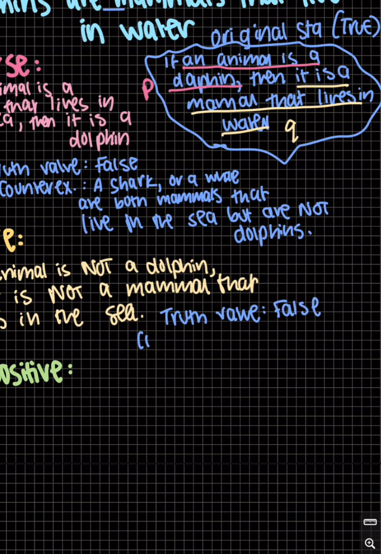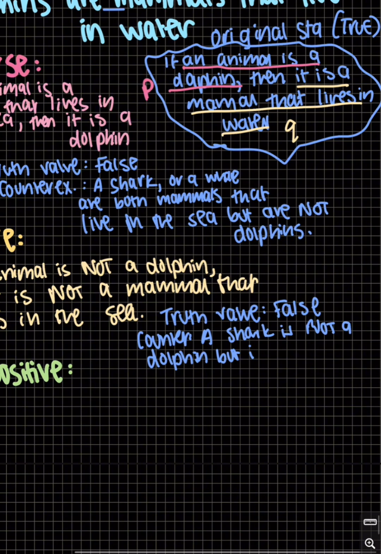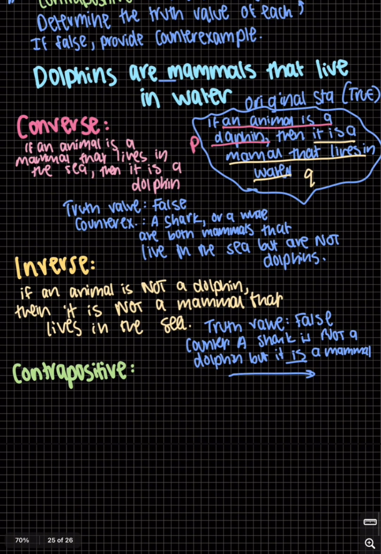And then I'm going to write my counterexample: a shark is not a dolphin, but it is a mammal that lives in the water. So we've successfully done the truth value and written our counterexample.